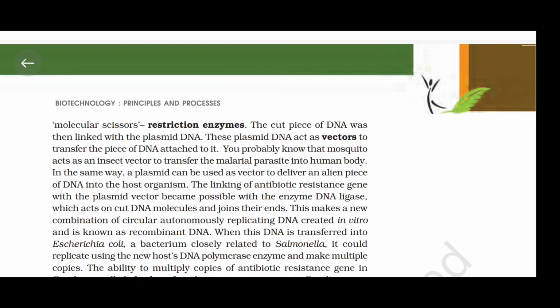This makes a new combination of circular, autonomously replicating DNA created in vitro, and is known as recombinant DNA. When this DNA is transferred into Escherichia coli, a bacterium closely related to Salmonella, it could replicate using the new host's DNA polymerase enzyme and make multiple copies.